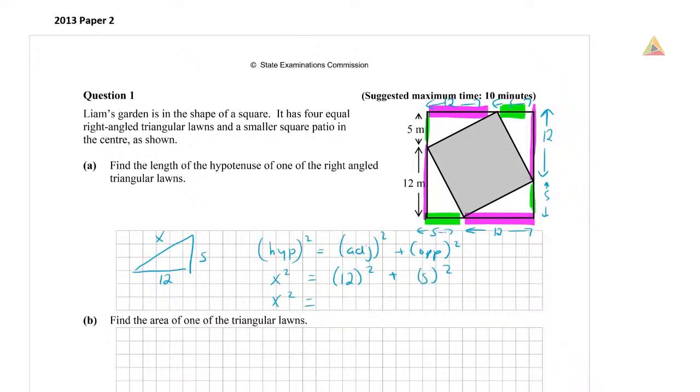So x squared is equal to 12 squared is 144, plus 5 squared, which is 25. So x squared is equal to 169. So therefore x is the root of 169. So x is 13. And it's meters.